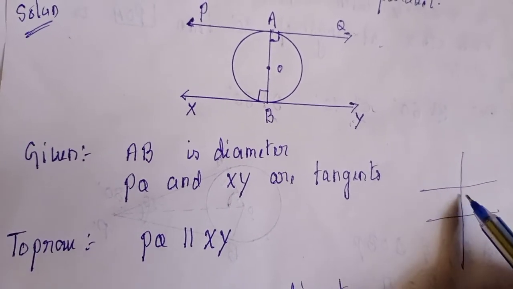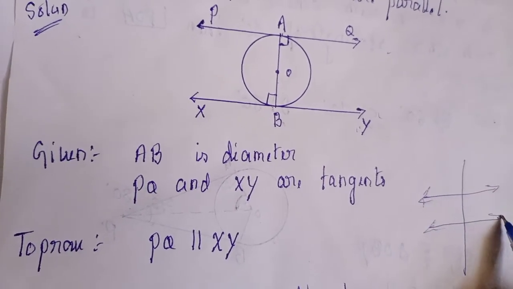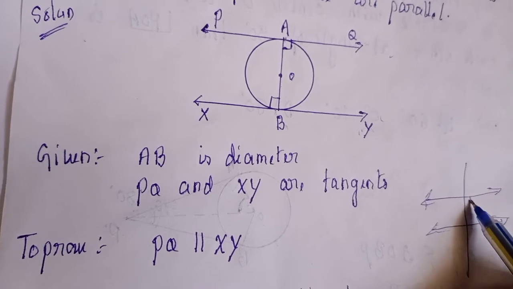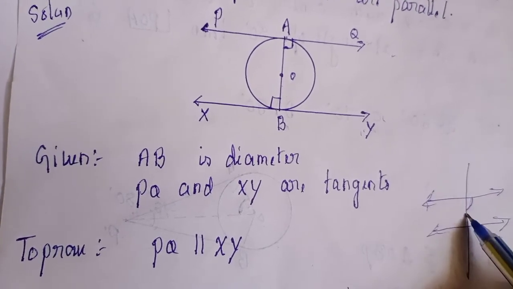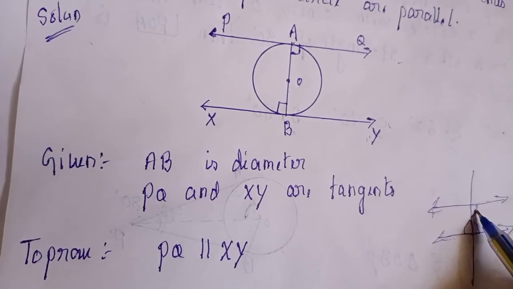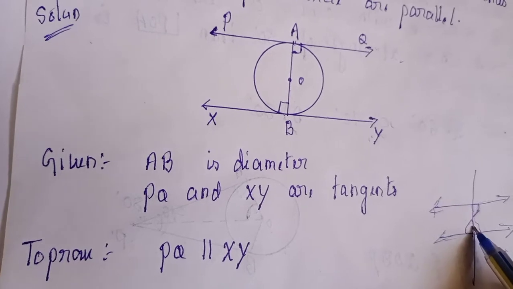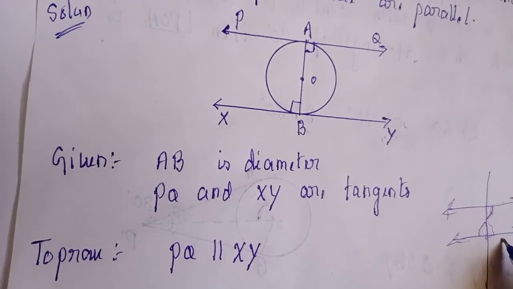So you can observe here. If I want to prove that these two lines are parallel, I prove that this angle and this angle, which are called alternate interior angles, are equal. Then I can tell that the two lines are parallel.